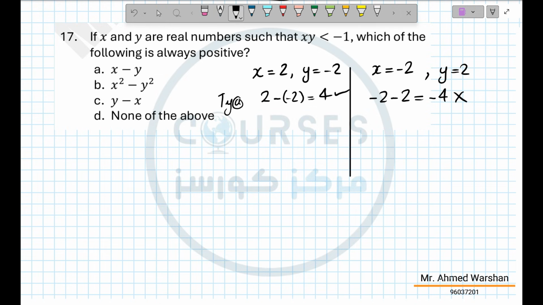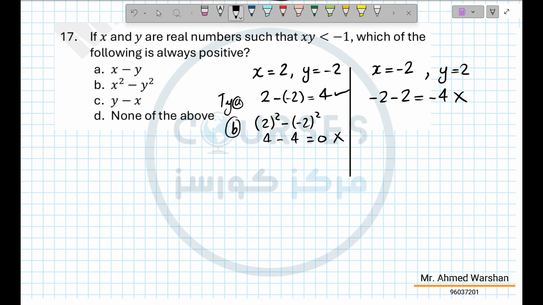So nope, it's not A. Let's try B next. X squared minus y squared. So that's 2 squared minus -2 squared.